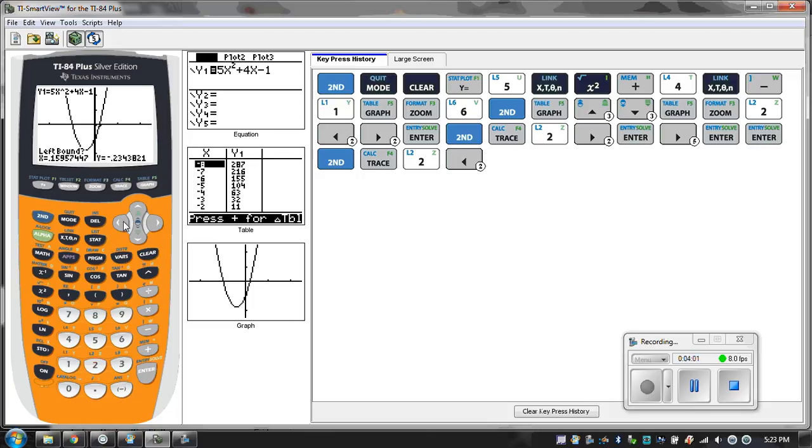So I need to move my cursor so that I am to the left of that x-intercept. Press enter. Move my cursor to the right. Press enter. Guess. Well, I guess -1 because we saw our table, but I don't really care. And when I press enter one more time, it gives me the answer -1.